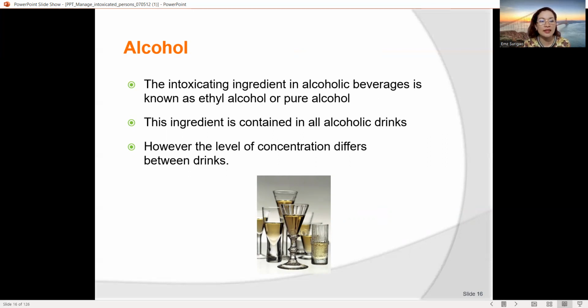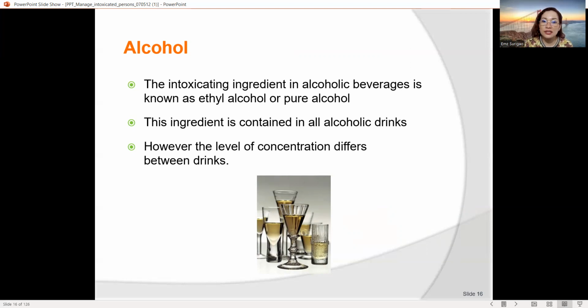So 40% could become 80% or more if mixed with other liquors, and not only one drink, but more, and it is always done every day. Okay, so those things may cause serious problems in your liver.